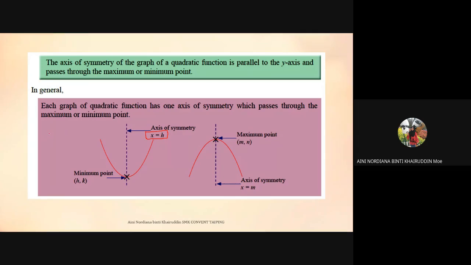Kalau you still remember, from form 3 straight line, you ada y-axis and x-axis. The straight line that is parallel to the y-axis, the equation is x equals to, let's say here 1, so x equals to 1.